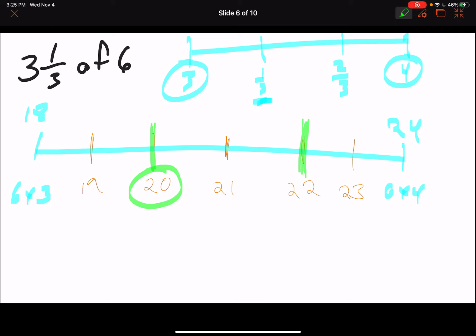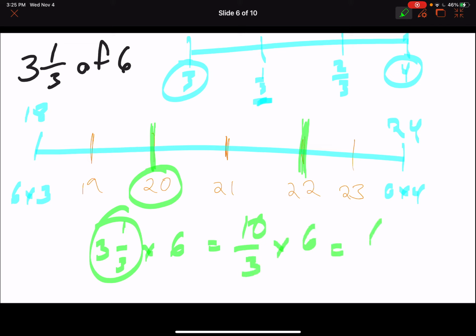Now, let me just double check this. So I have 3 1/3 times 6. So I'm going to just change this because I like to do it that way. So 9, 10. So that is 10 thirds times 6, which would be 60 over 3, which is going to be 2.